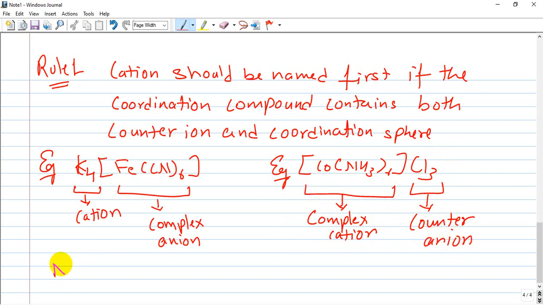Now, please note this. For neutral complexes, this rule we won't follow.